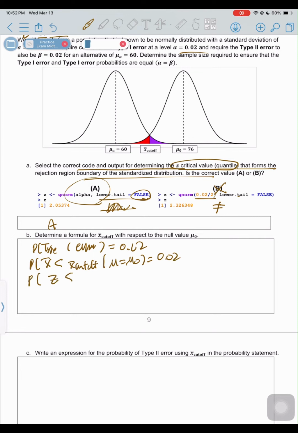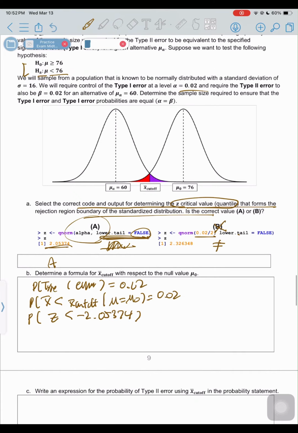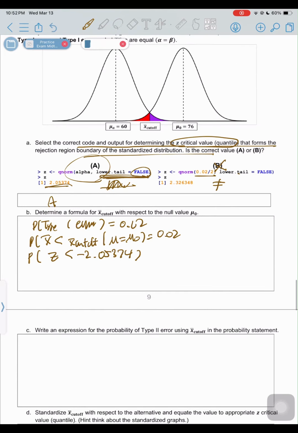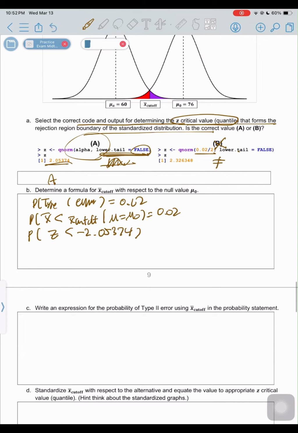And then P of C is less than negative 2.05374, because it's lower tail, which is why there's a negative sign, the left side. That is equal to 0.02.